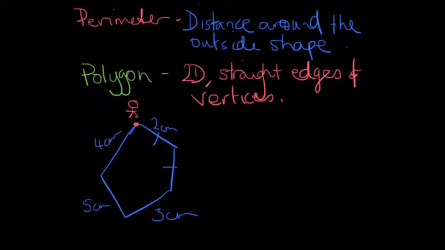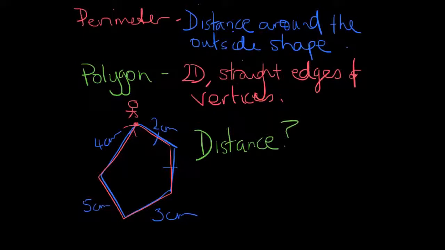Now I want to imagine myself walking around the outside of this shape. So here I am walking around the outside of my shape, and I've gotten back to where I started from, and I ask myself the question, what distance have I walked? The distance that I've walked will give me the perimeter. So that's how I want to remember how I work out the perimeter of my shape.